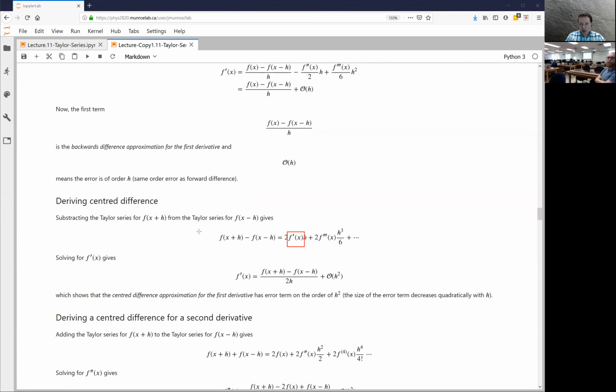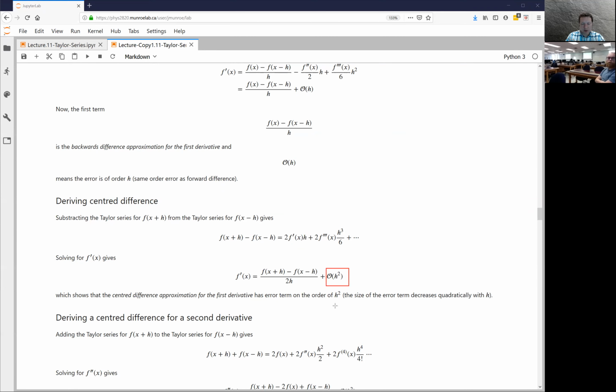So I'm solving this expression, and what I'll be left with is f of x plus h minus f of x minus h on the top, divided by 2h, and you'll be left with something which is of the order of h squared. This is yet another approximation of the first derivative. It's called the centered difference approximation of the first derivative, but it has a relative error of h squared.